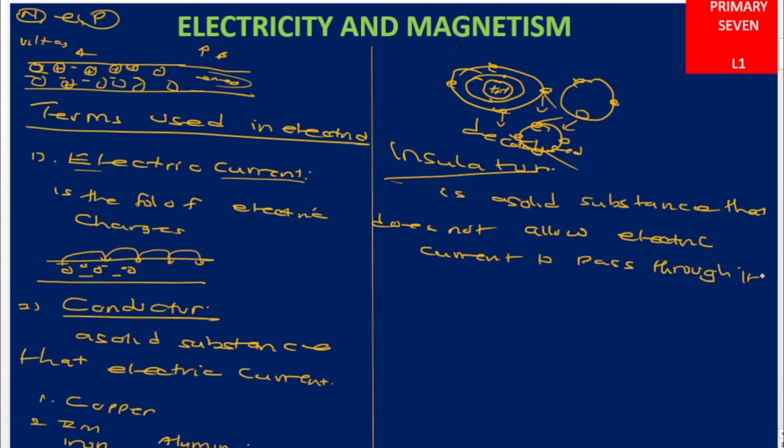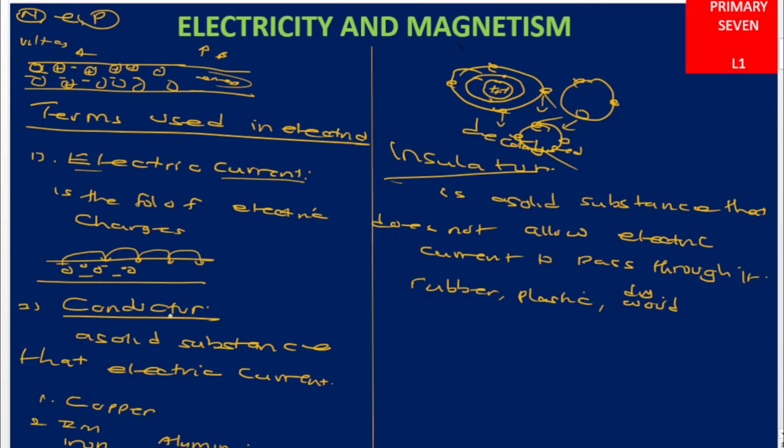So the opposite of a conductor is an insulator. For example, rubber. We shall understand this one also. Rubber, then we have plastic, then we have dry wood. So those ones are the examples of insulators.